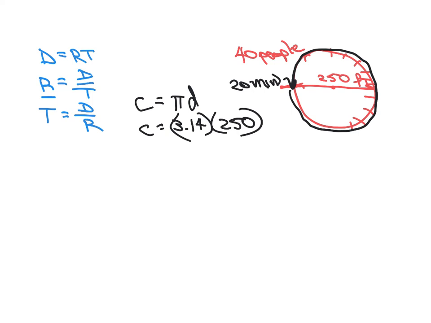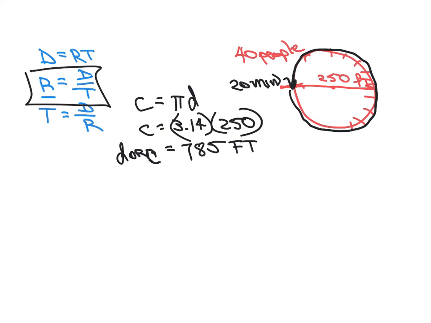Okay, that being the case, the circumference equals right around 785 feet. So the circumference, or the distance, whichever you want to call it, in a circle is called circumference, but that is the distance. To find the speed, we're looking for this one, right? Because we're looking for the rate.